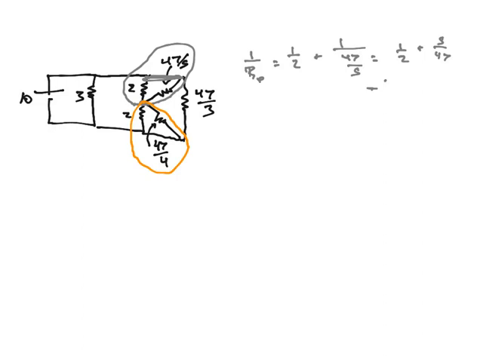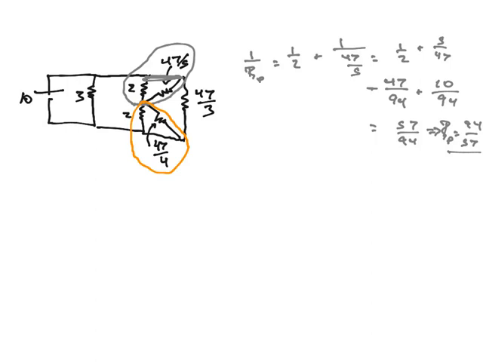So this is 47 over 94 plus 5 times 2 is 10 over 94. So that's 57 over 94, or our parallel is 94 over 57. Okay? Miserable number, but that's what it is. Whatever this number is, you could use the decimal if you want. I'll just leave it as a fraction.